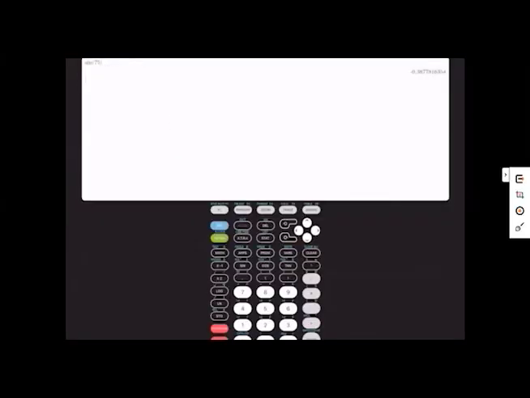So let's try that again, sine of 75. And then if I do the square root of 6 plus the square root of 2 all over 4, we can see that numerically those are identical.